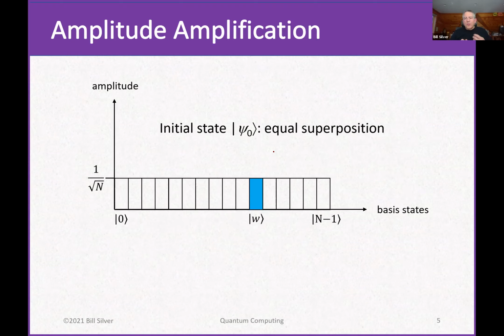And when we looked at Grover's algorithm, we saw that if we start off with all of these capital N basis states, so for example, if we've got 8 qubits, we've got 256 basis states, and one of them is called the winner. That's the one we're interested in finding.